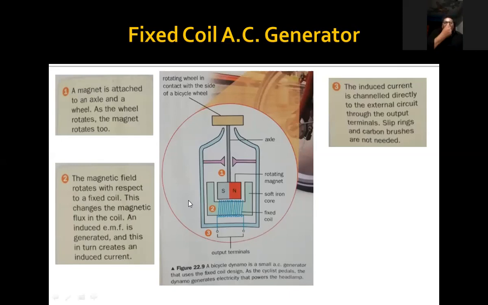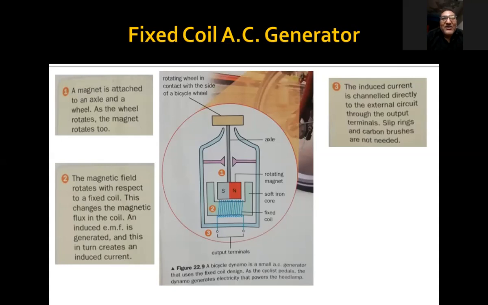One very good example of a small AC generator is the dynamo. A dynamo is a small generator which is connected to bicycles. You might have seen bicycles with headlights that don't have any kind of battery. They have a dynamo, and that dynamo is attached to the wheel.